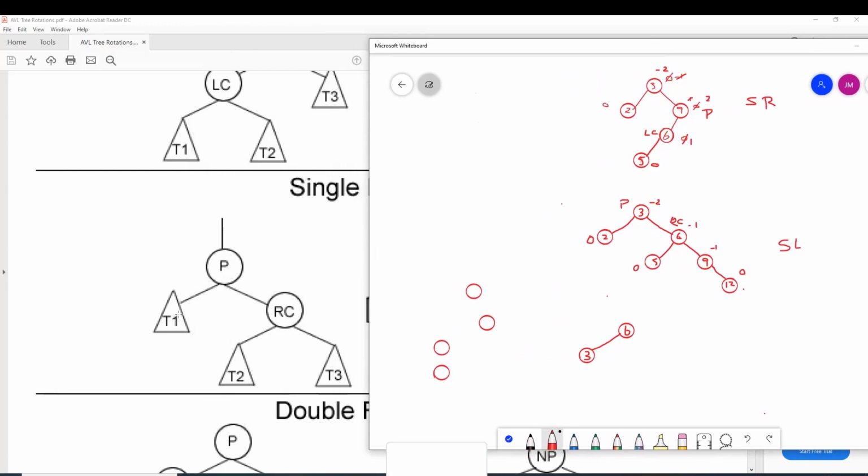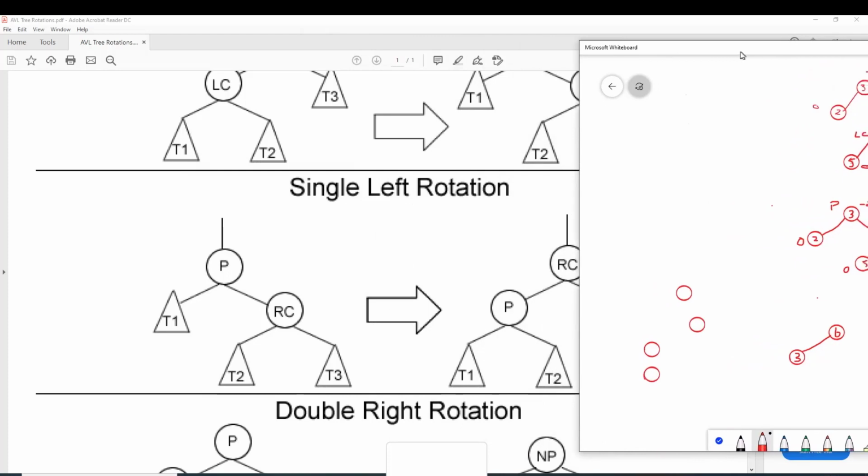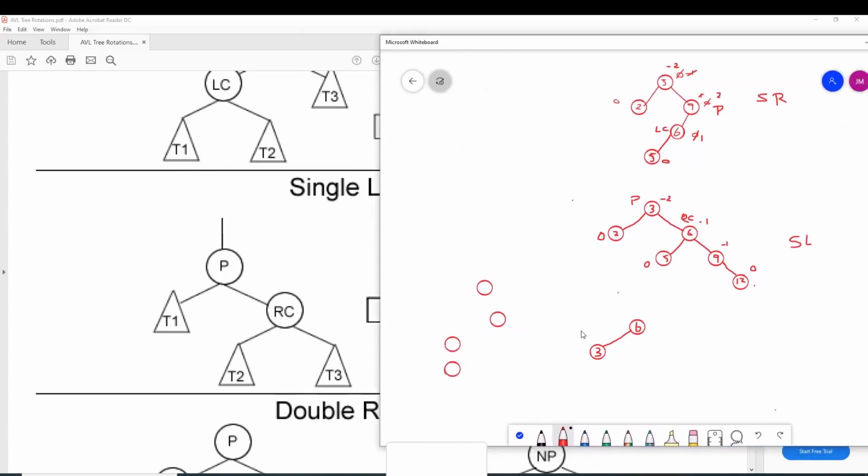T1 is the tree that's attached to the left of the parent, which is the 2. And that remains attached to the left of the parent. So the 2 stays here. T2 was the left subtree of the right child. Here is the right child.